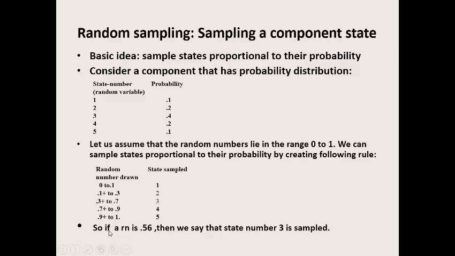For example, if the random number that you draw is 0.56, then 0.56 falls in this range, so therefore state 3 will be sampled. If we follow this rule, then the states will be sampled proportional to these probabilities.